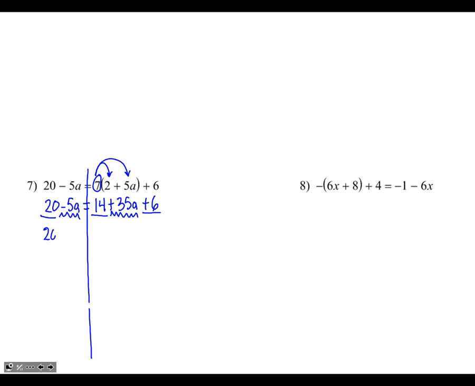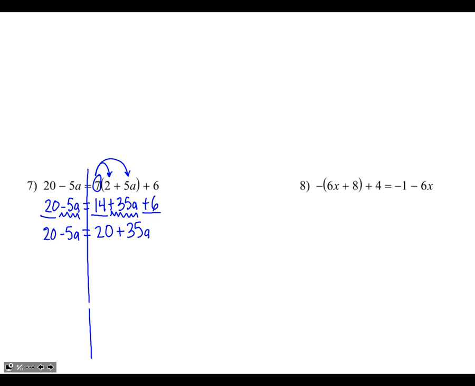So I have 20 minus 5a equals, let's see, 14 plus 6 is 20 plus 35a. Now my constant is the same, but are my variable terms the same? They're not. So it doesn't matter that my constant terms are the same if my variable terms are not the same. I'm still going to have one solution here.